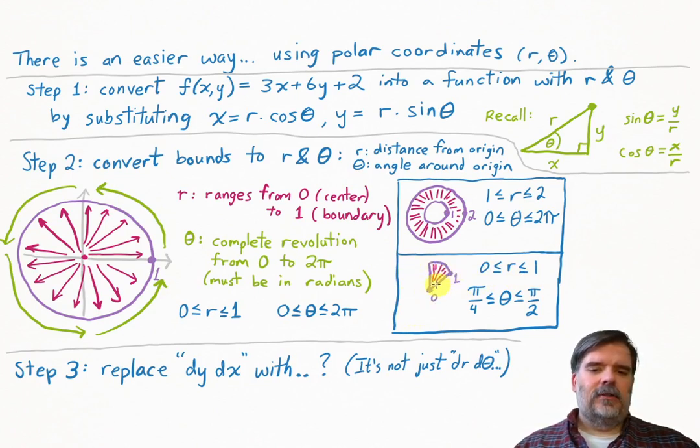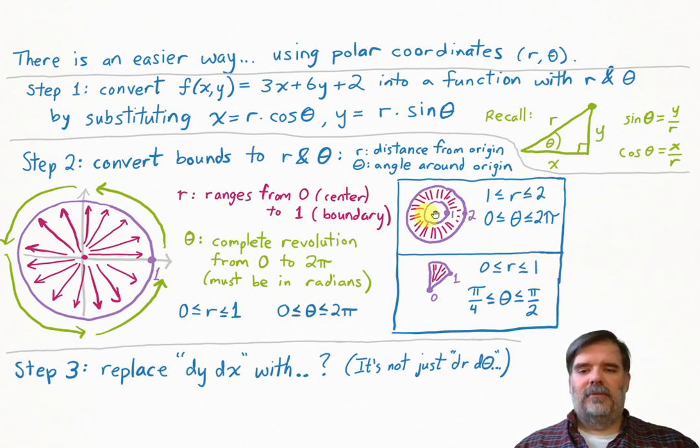Here, theta starts right here. This would make an angle of about pi over 4 with the x-axis. Theta ends in the direction of going straight up, and that forms an angle of pi over 2 with the x-axis. So here, for a slice of a circle, the bounds of theta, in this example, are pi over 4 to pi over 2.